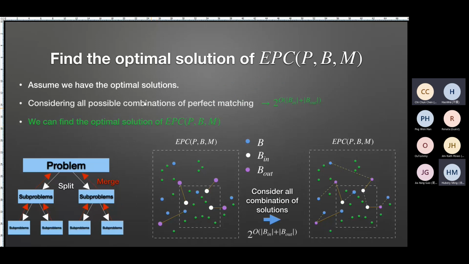And assume once we have the solution to these subproblems, we consider all of the combinations of solutions, one for inside and the other for outside of the separator, and then do the merging procedure. Considering all of the possible combinations of perfect matchings would take this time, which is given by the reduced algorithm.